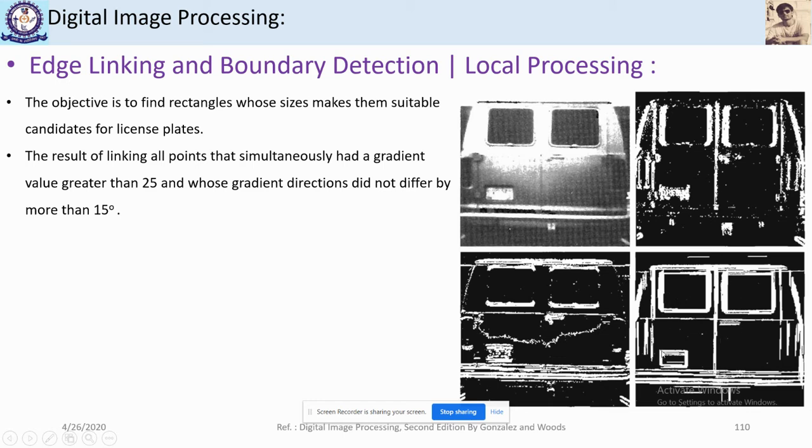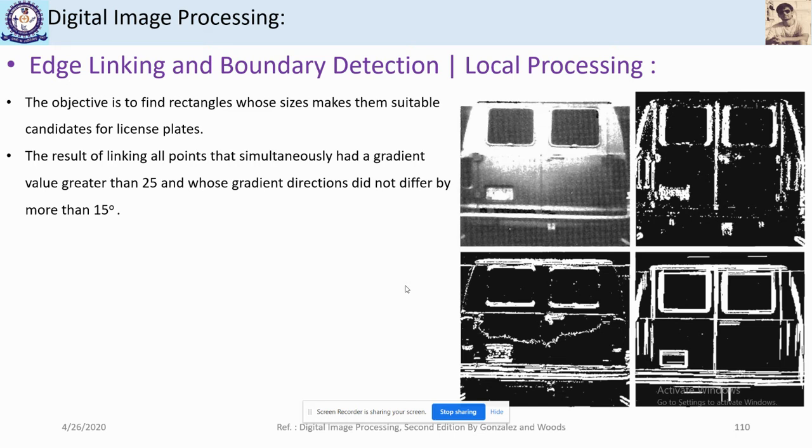So here we can see this box is clearly visible. Here discontinuities are removed, and the remaining edges are also clearly visible. From here we are able to remove the discontinuities up to a certain level. So this is local processing.